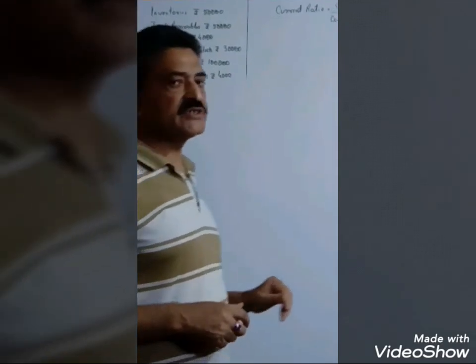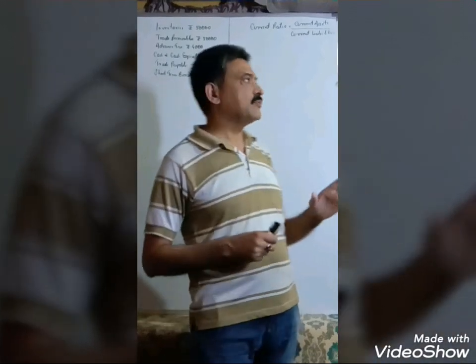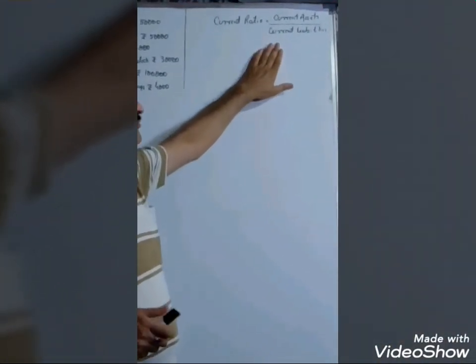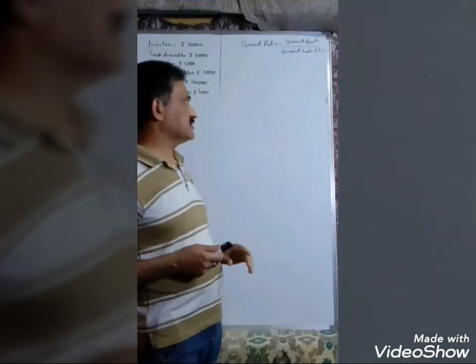On the basis of this information, we are supposed to calculate the current ratio. The formula for current ratio is current assets divided by current liabilities.